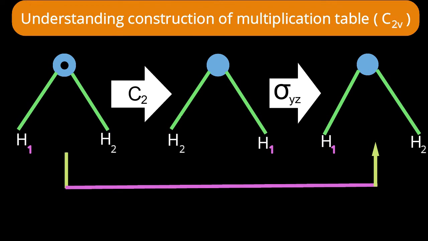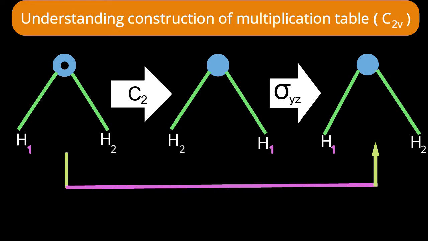How can we obtain that resultant right side structure from the original structure? See, in the original structure, H1 is on the left side and in the resultant structure H1 is on the left side. In the original structure, the nose is towards us and in the resultant structure, the nose is away from us. What do you think? By which way can we find that? Right. It is possible by reflection through the XZ plane. So, what can I say?